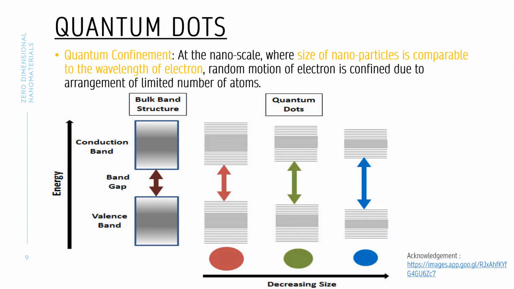As discussed earlier, UV illumination of quantum dots leads to emission of strong fluorescent light. And the wavelength, that is the color associated with this emitted fluorescent light, always depends upon the particle size of the quantum dot. So the basic principle behind this phenomenon is quantum confinement.